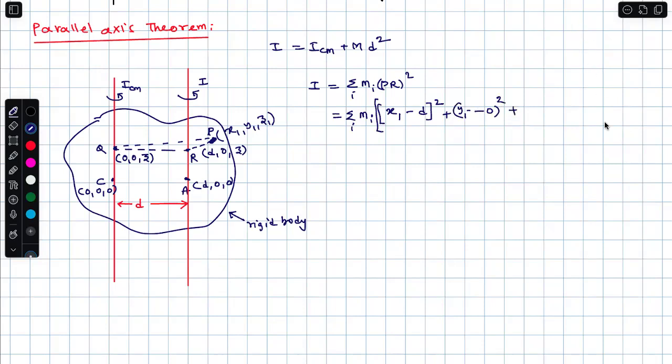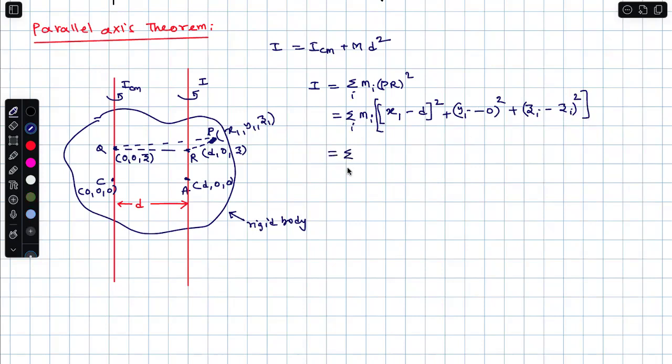Next, z_i; both are in the same z coordinate, so z_i minus z_i squared.